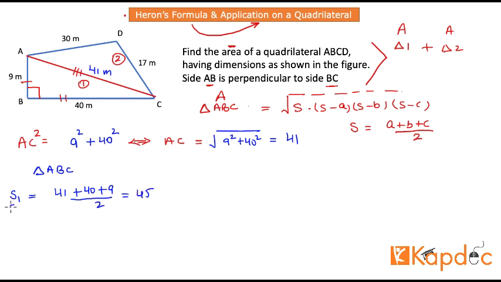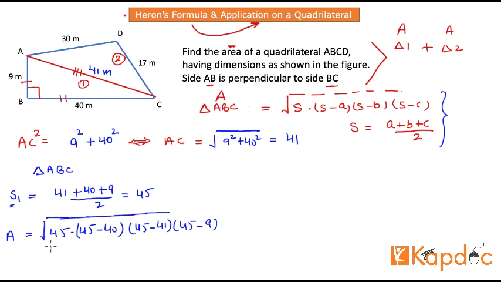Now when you apply this into the formula, the area of triangle ABC will be the square root of 45 times (45 minus 40), then (45 minus 41), and then (45 minus 9), okay? I will let you, the students, calculate this, but we know that this result will be equal to 180 meters square because all of these dimensions are in meters. So we have one area, right?